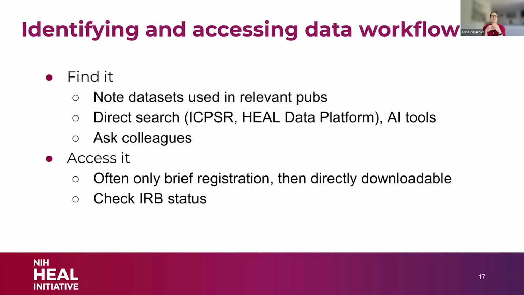I know it sounds obvious, but we are sometimes hesitant to do that, but people tend to be wonderful sources of information about the data that they've used. And then in terms of accessing, often only a brief registration is needed, and the data are often directly downloadable, and again, it is on you to check IRB status with your institution. Next slide, please.